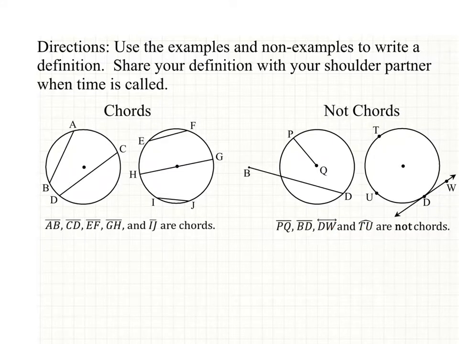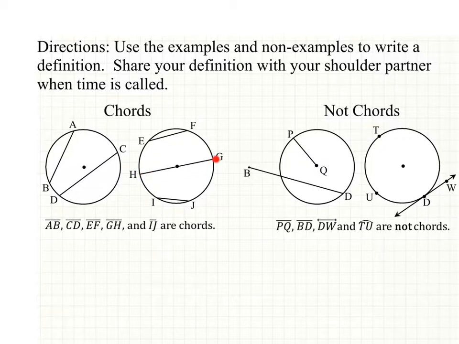Okay, so AB, CD, EF, and IJ are chords because they are segments of specific length, and the endpoints of these segments belong to the circle. HG is a diameter. See how the endpoints of this diameter are on the circle? So HG is also a chord.